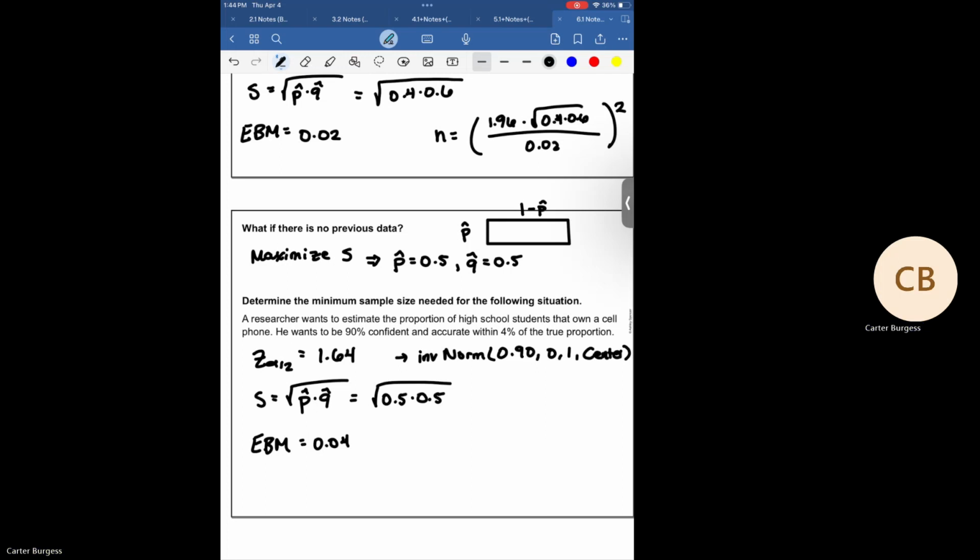Okay. So n should be equal to our z-score, 1.64, times the square root of 0.5 times 0.5, divided by 0.04, and we are squaring this. We saw this on the quiz. This is the formula that you will be given on the SDC that I will give you.